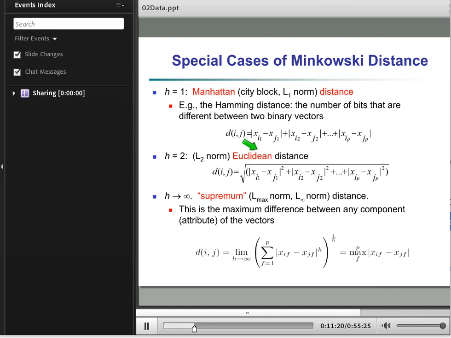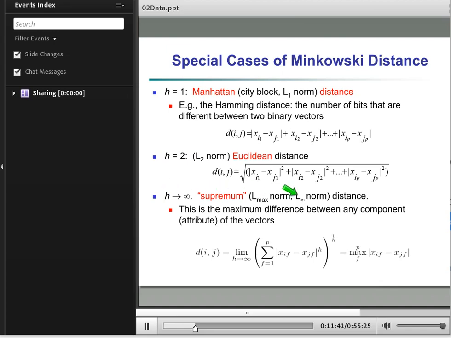If h is 2, or L2 norm, we call it Euclidean distance, which we know this formula.